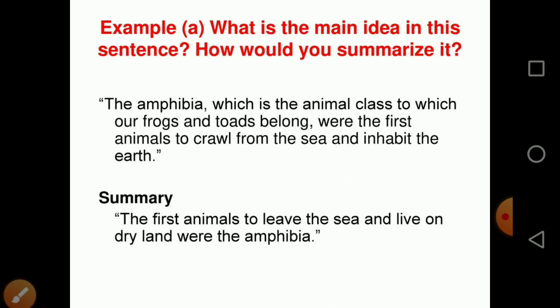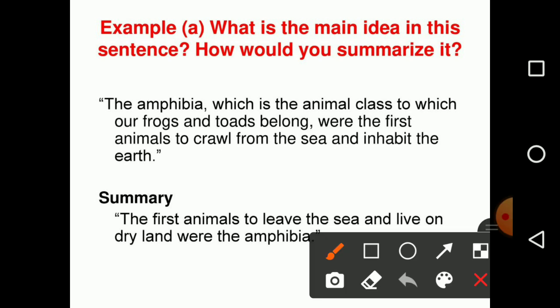Let's see this example. What is the main idea in this sentence? How can you summarize it? The amphibia, which is the animal class to which our frogs and toads belong, were the first animals to crawl from the sea and inhabit the earth. So how are we going to summarize?